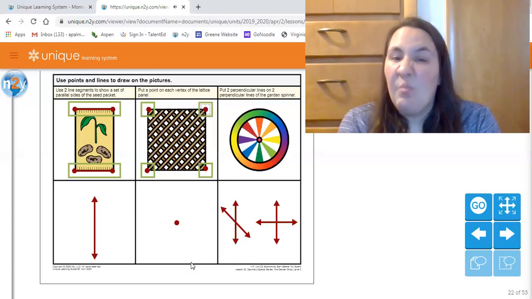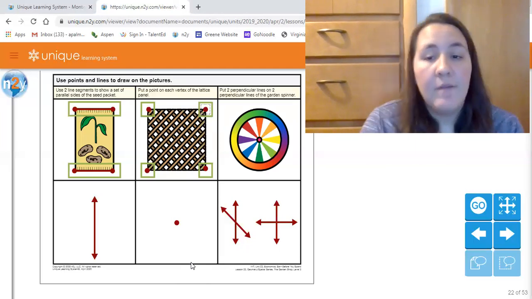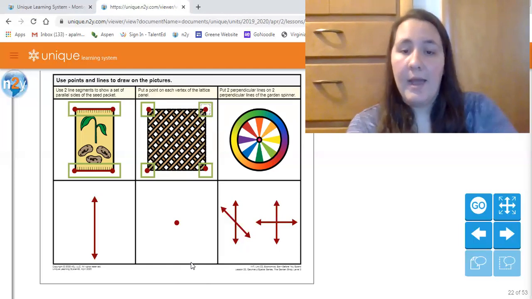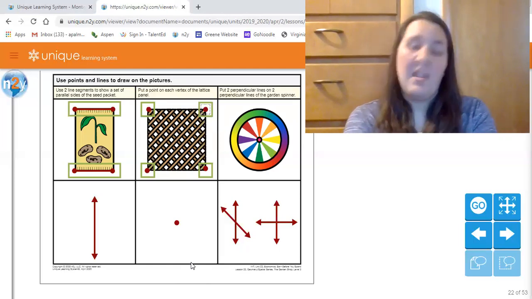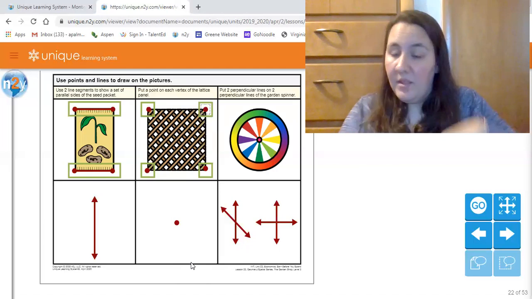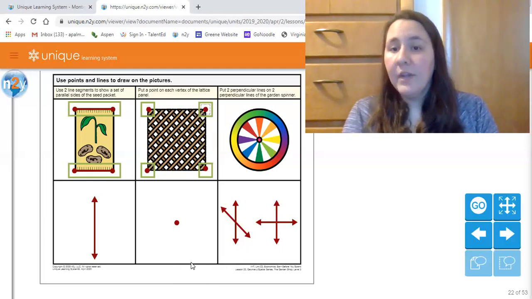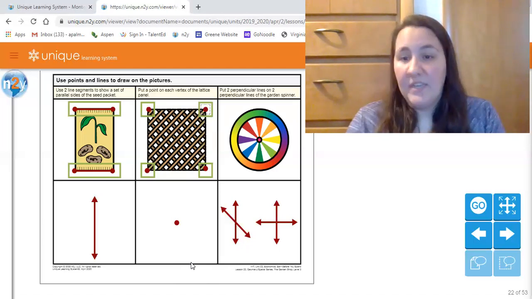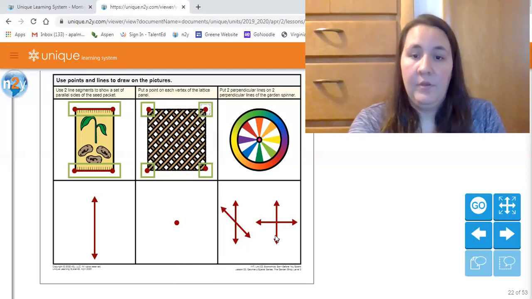And find two perpendicular lines. So remember, intersecting and perpendicular are very similar, but perpendicular has a 90-degree angle, which means I could draw a square in the middle, okay? With your finger, touch the lines that are perpendicular. Beautiful job, guys. Awesome job.